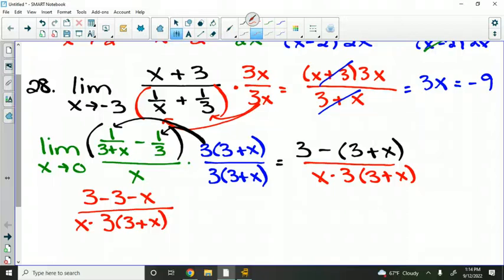We can only cancel when it's complete multiplication. Because there's a minus sign there, it's stuck. Good question. On the top of this, now that 3 minus 3 is 0, we just get a negative x. Is there something we can cancel?